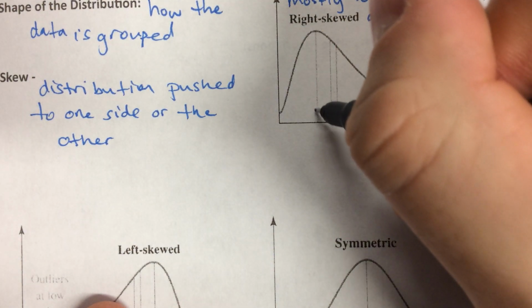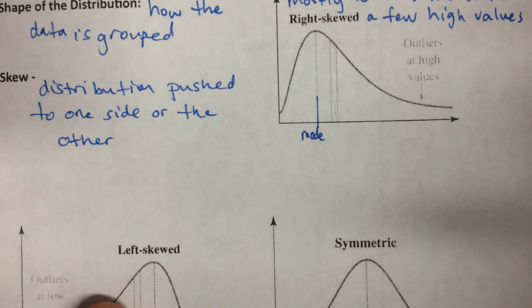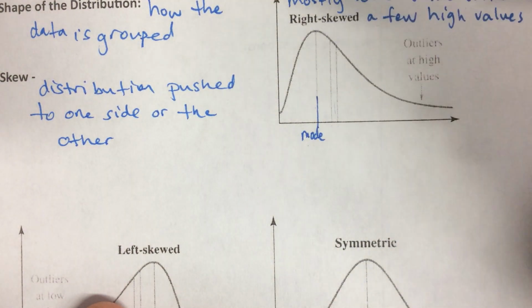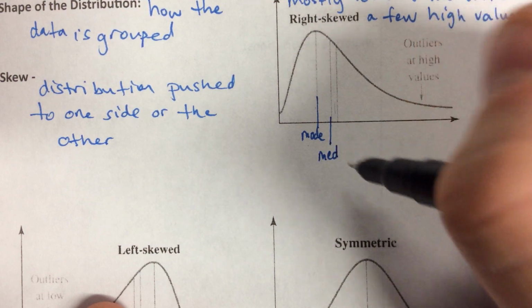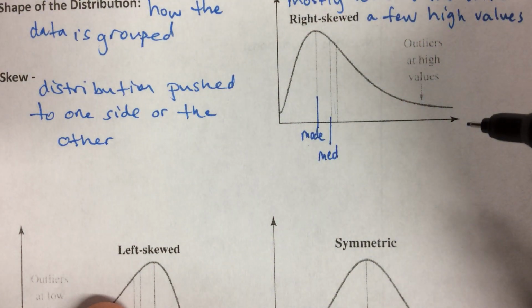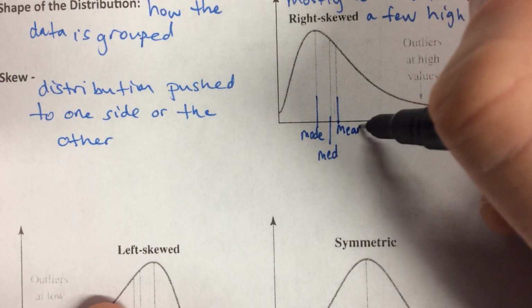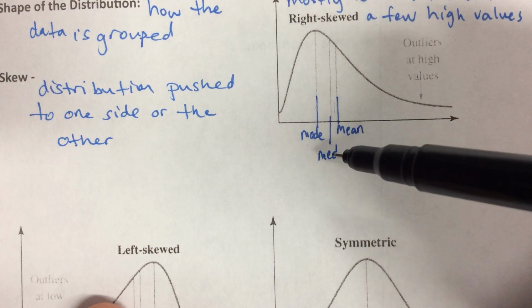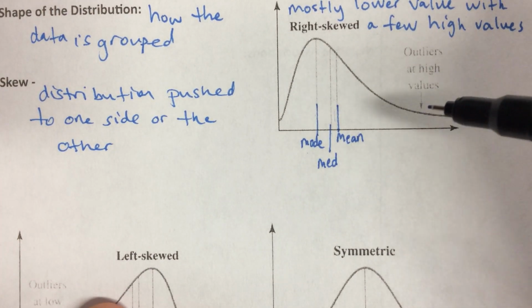Okay, the highest line here is going to be your mode. So mode is the most, so it went up the most. The middle one is your median. Okay, median means middle. And then last one is going to be your mean. So mode is the most, median is the middle, mean is the other.